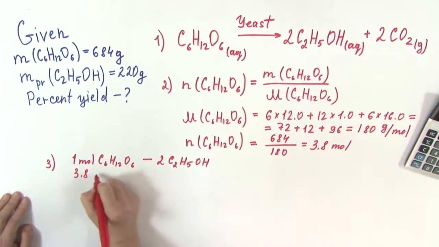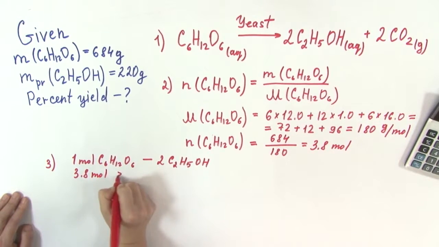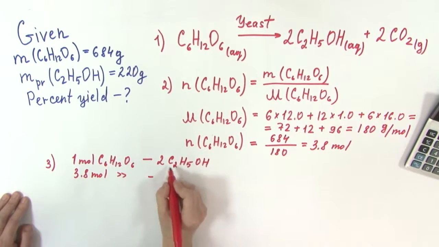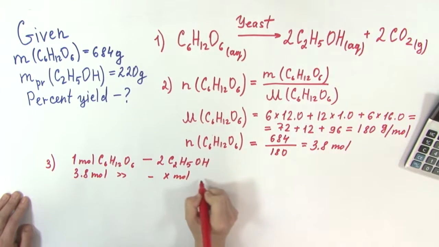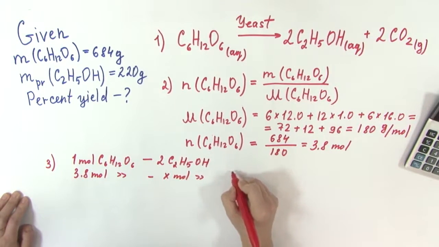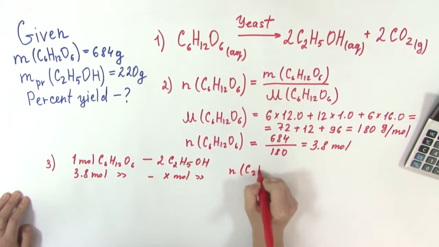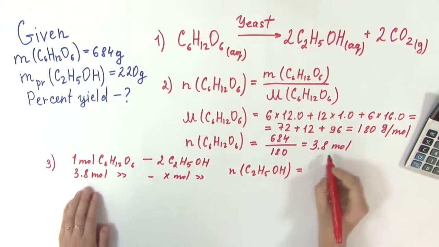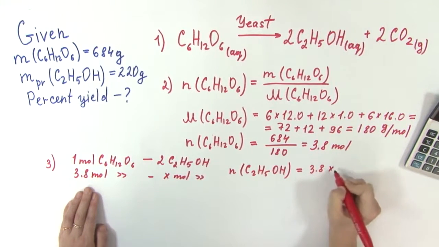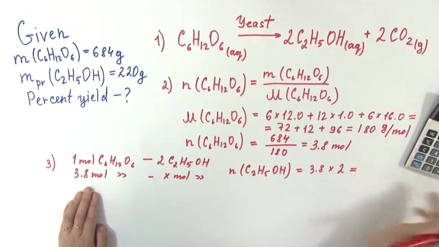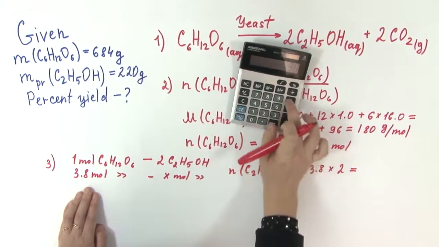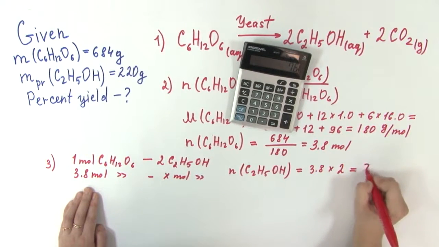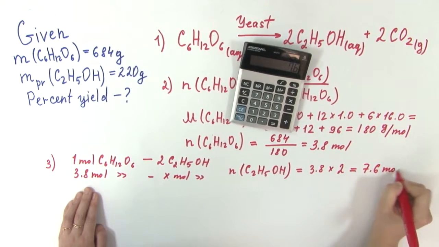So the number of ethanol moles is equal to 3.80 multiplied by 2, and overall 7.6 moles are obtained.